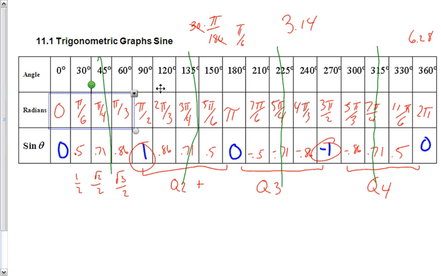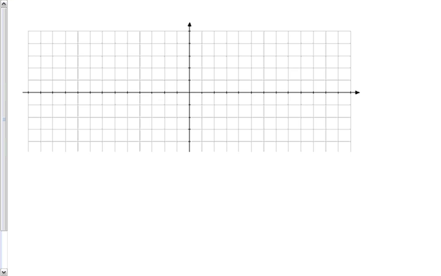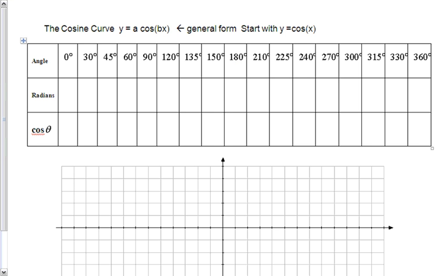So, cosine, we've got to start by putting our graph together. Again, we're going to use 0, pi over 6, pi over 3, pi over 4, pi over 2. Okay, those we should know. Again, the rest are a little more complicated. Just multiply by pi over 180 to get them.